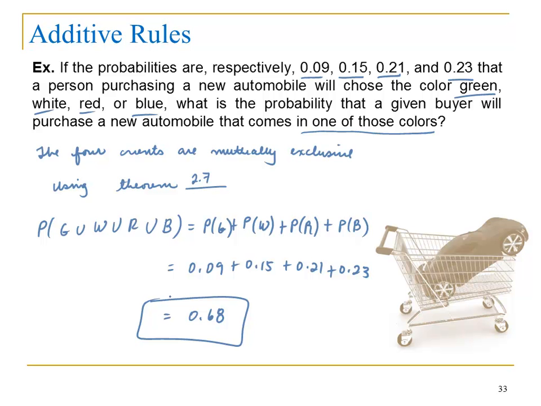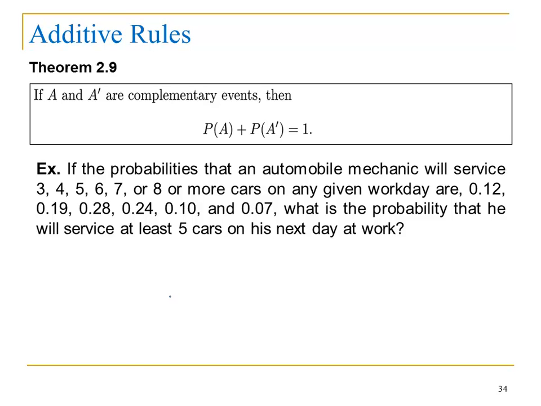Now we have a very simple but interesting problem. This is a concept that is very important again. Simple but important. So again, the summation of the probabilities of all the outcomes of the sample space always equals 1. Remember that. So if you know the probability of an event, you can find the probability of the complement by just subtracting: 1 minus the probability of that event.